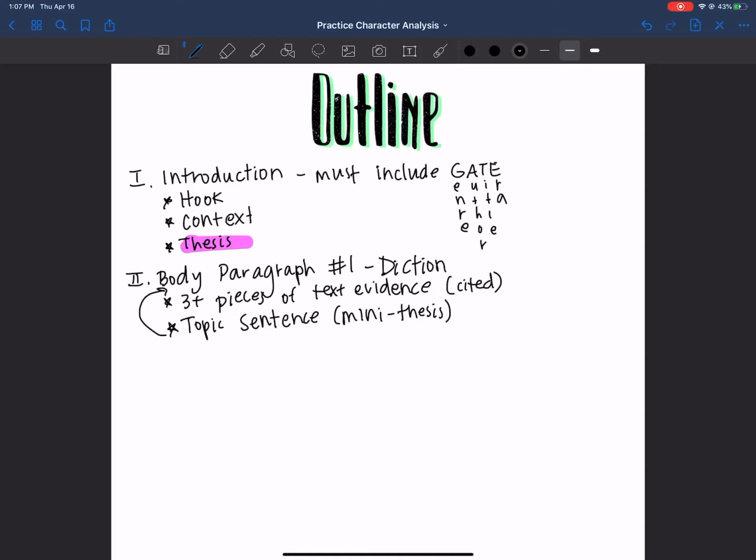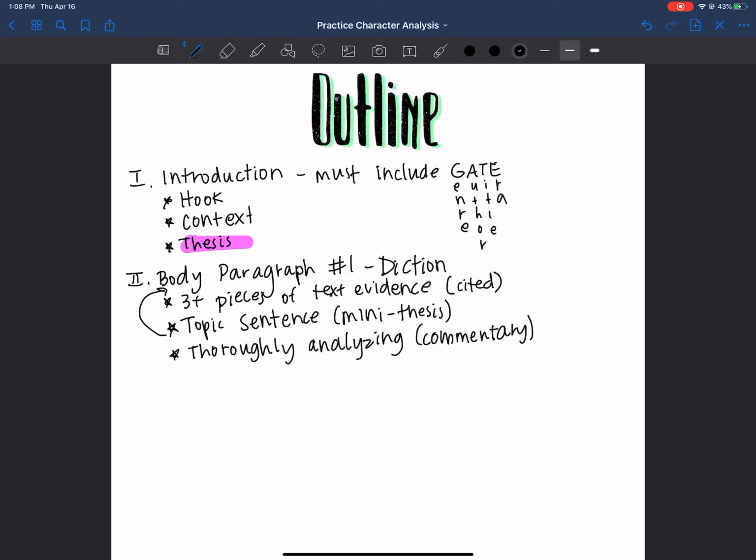Okay, once we have our 3 pieces of evidence, then we also need to make sure that we are thoroughly analyzing. And this comes in the form of commentary. So what makes your quotes important? Why do those words prove how the author feels about the characters?